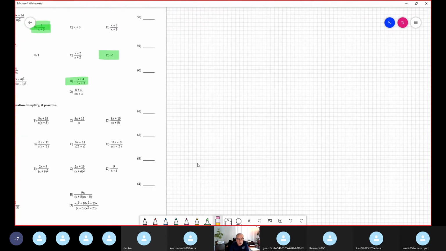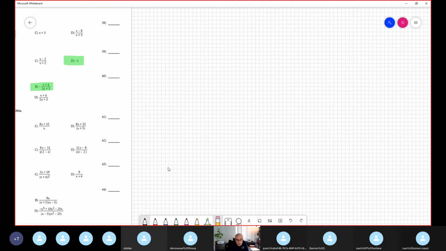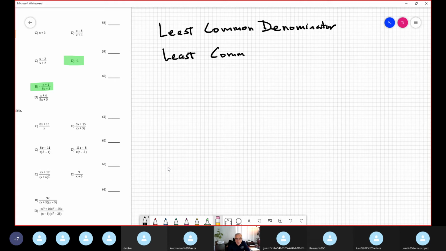I need to introduce one thing that you know very well, the least common denominator. But students get confused. Actually, this is the least common multiple, specifically a multiple of the numbers in the denominator. Let me explain the idea of the least common multiple and compare it with the greatest common factor.